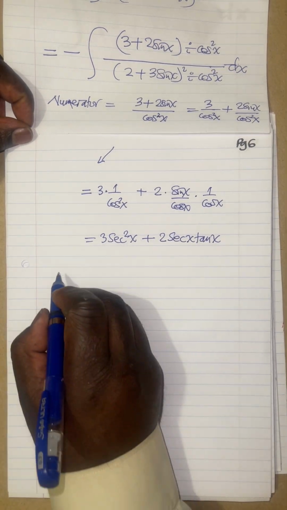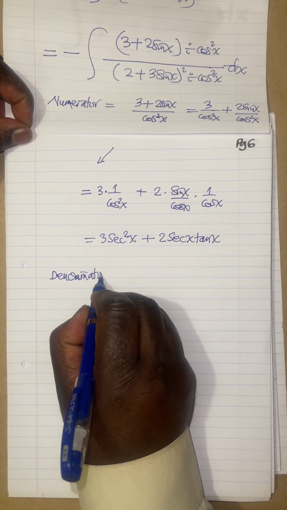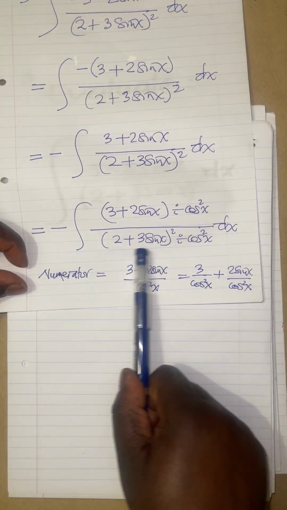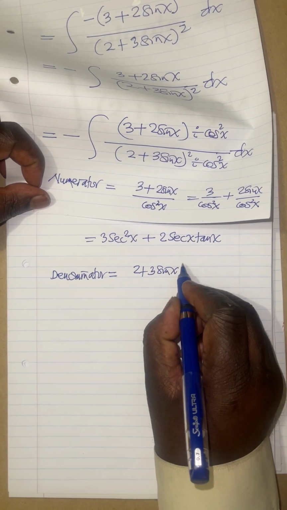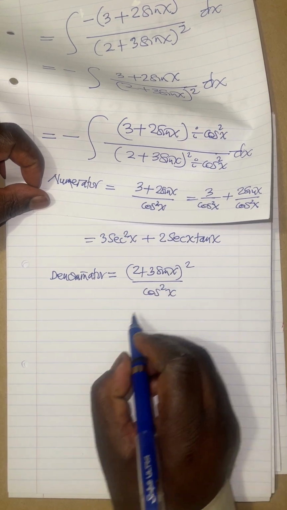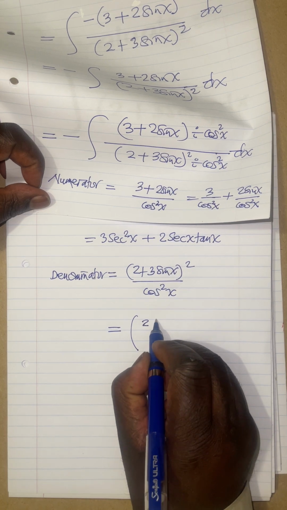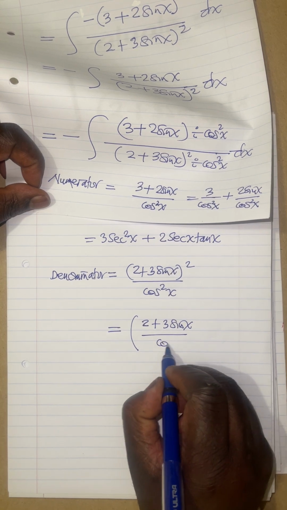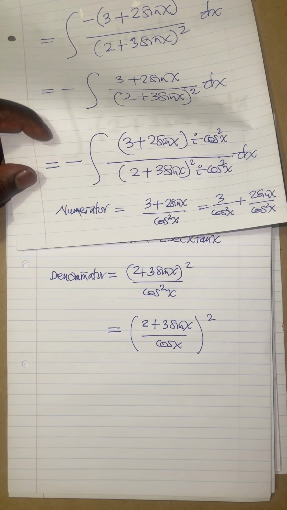Now let's work on the denominator. How does it look? Well, the denominator is this part here. So it is 2 plus 3 sine of x, all squared, divided by cos squared of x. This simplifies to 2 plus 3 sine x all over cos of x, and I square the whole of it, because the numerator is squared, the denominator is also squared.